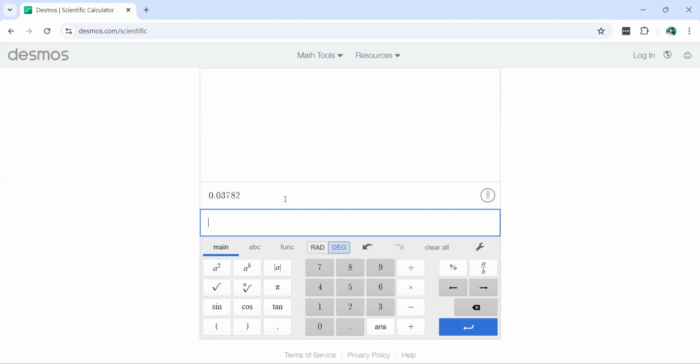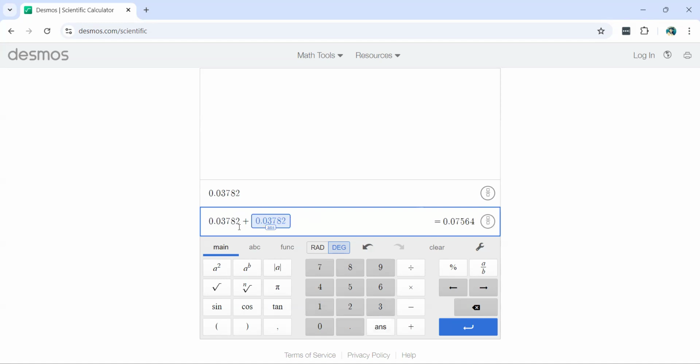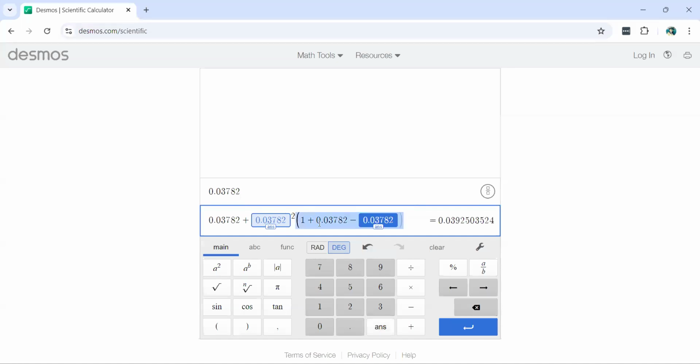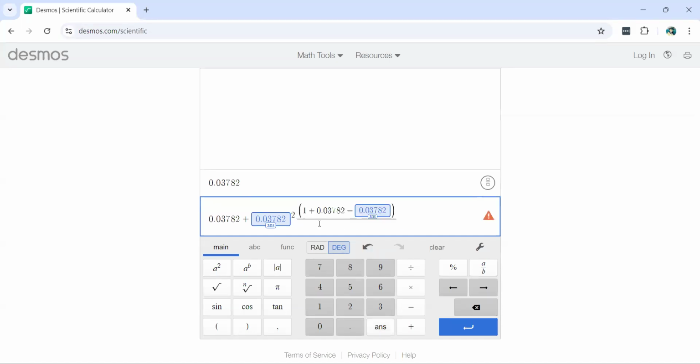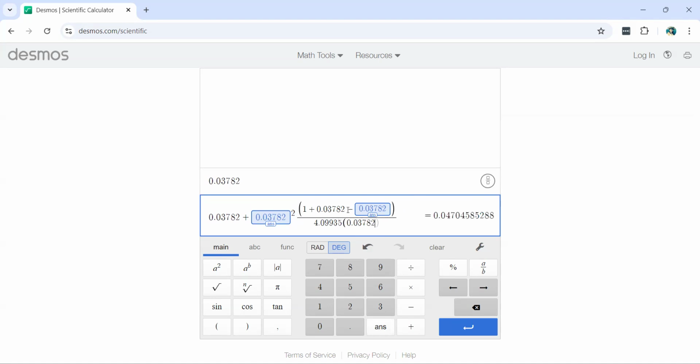So equal sign, plus ans squared, multiplied by 1 plus beta minus ans, this parenthesis divided by 4.09935 times beta.